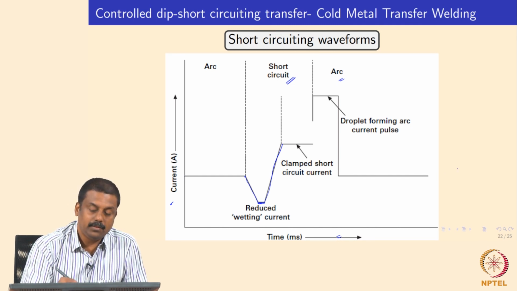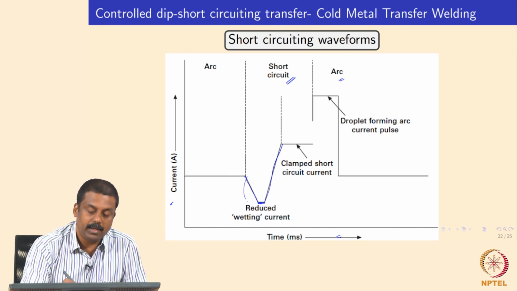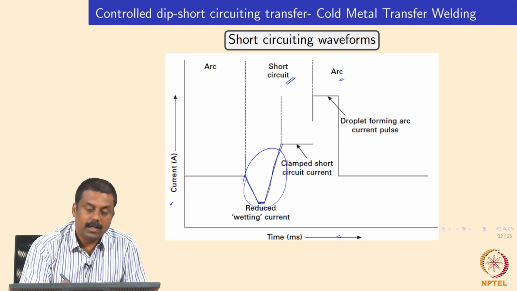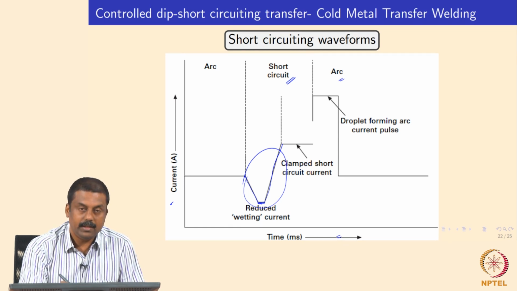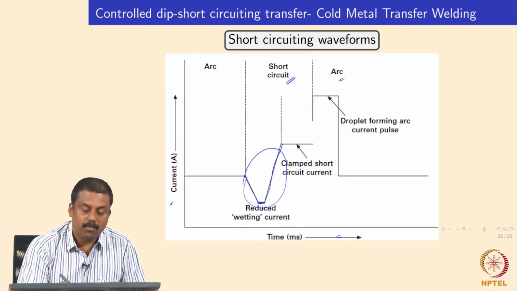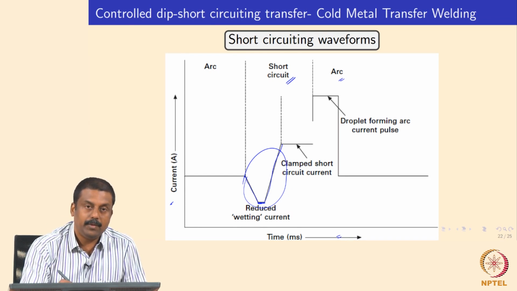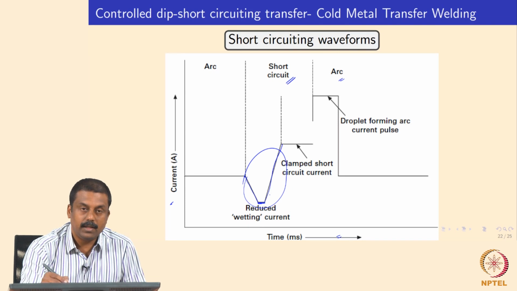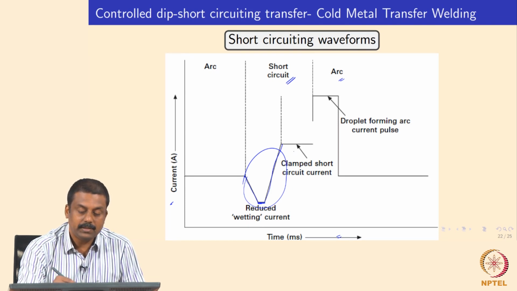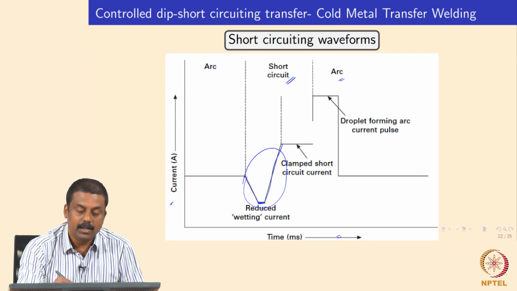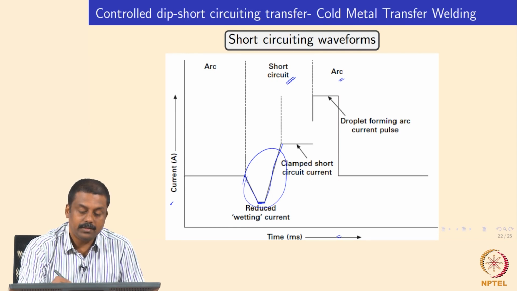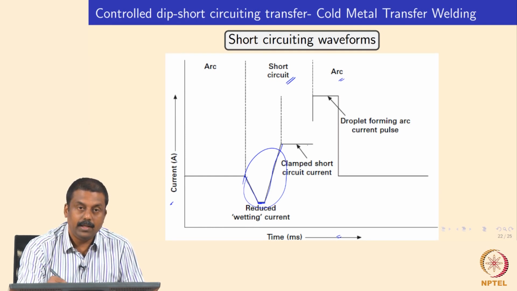So the trick here is to reduce the current once the short circuiting has happened, and upon decreasing the current you extinguish the arc. The droplet is then transferred when the wire is retracted towards the contact tip, and during this process the current is slightly increased so that you form a neck by the increasing Lorentz force, and the surface tension of the molten pool detaches the molten droplet to the workpiece.